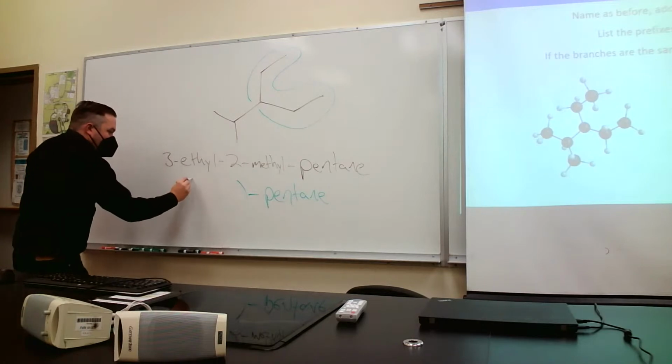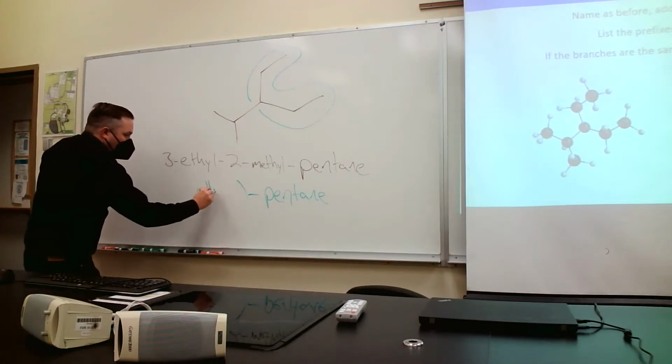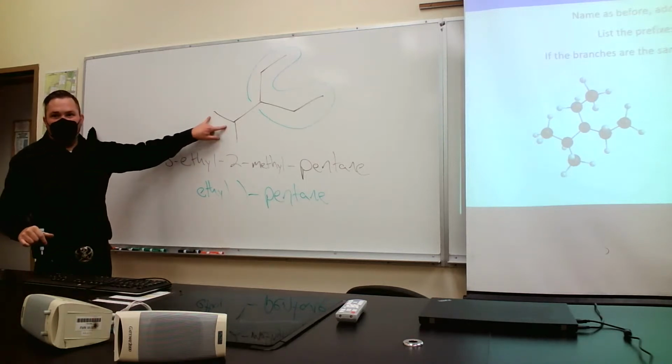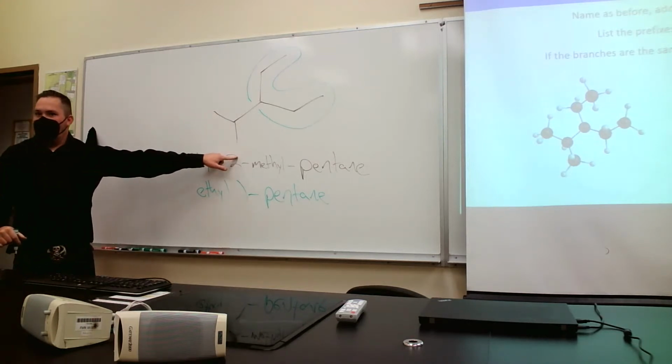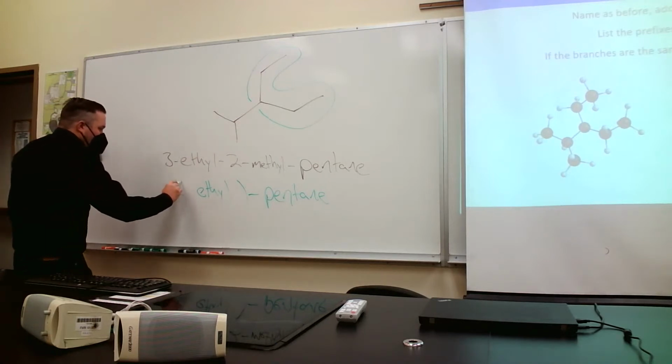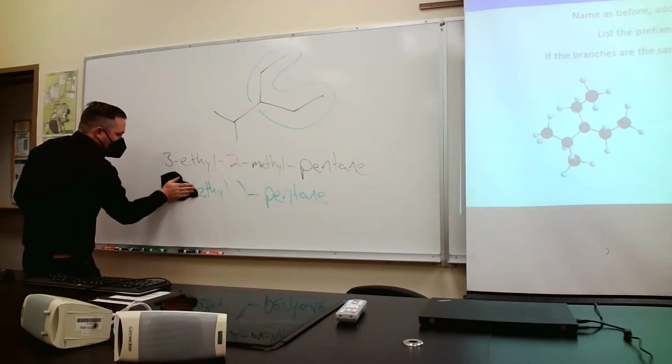So we would say this is an ethyl group attached, but then the ethyl group has a methyl on it. So we would name this as... I didn't leave myself enough room.